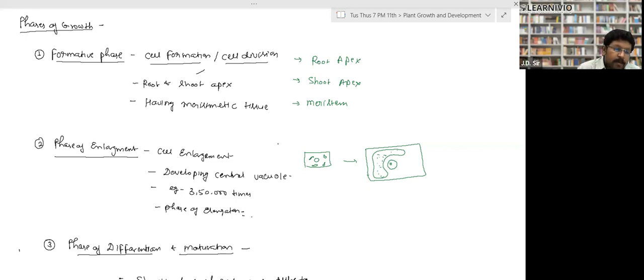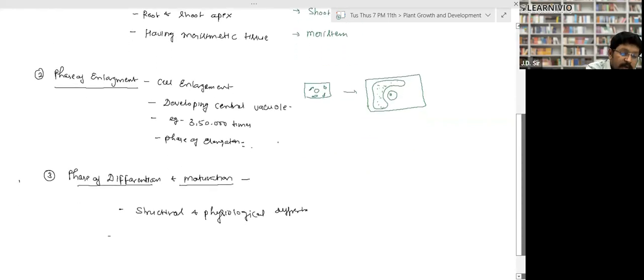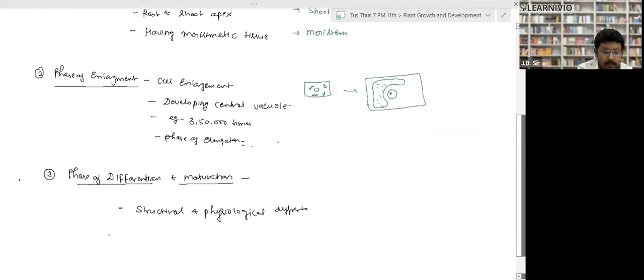Next heading, phase of differentiation and maturation. Start noting down.